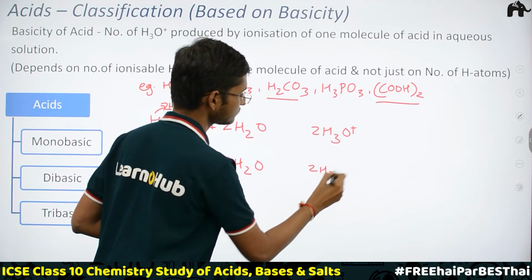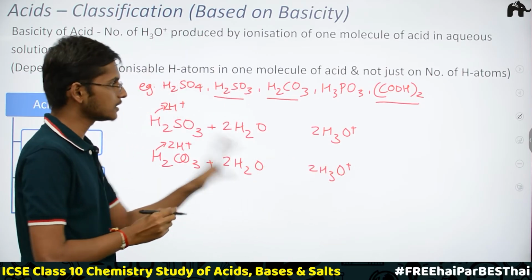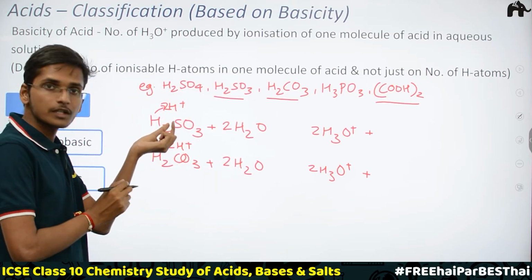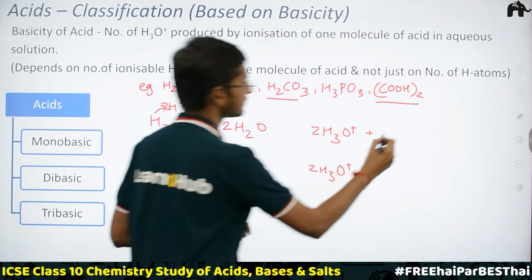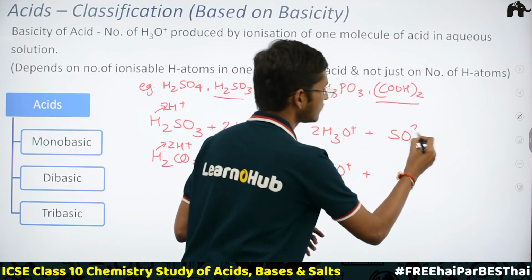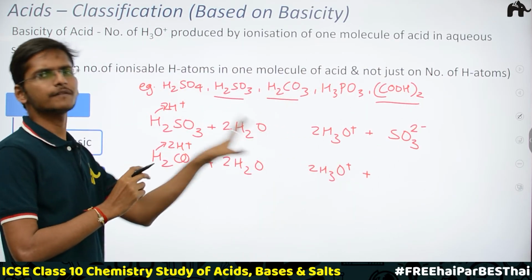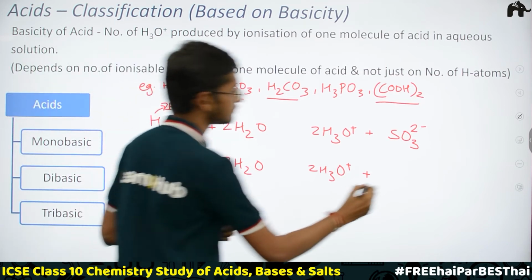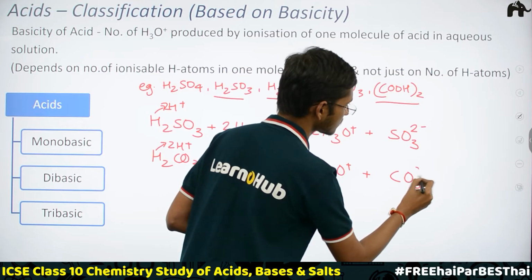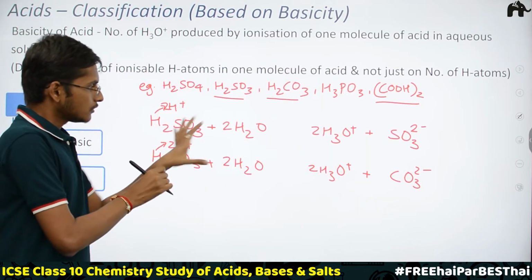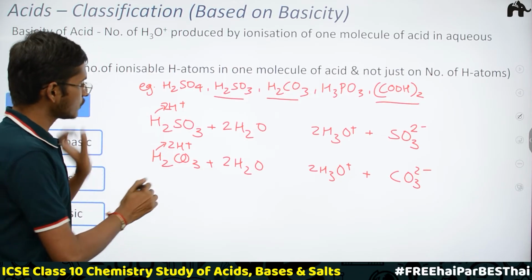Now we know how they are getting formed. Along with that, what remains would be SO3, and you should remember this SO3 has a 2 minus charge, just like SO4. Here CO3, the carbonate ion, also has a 2 minus charge.